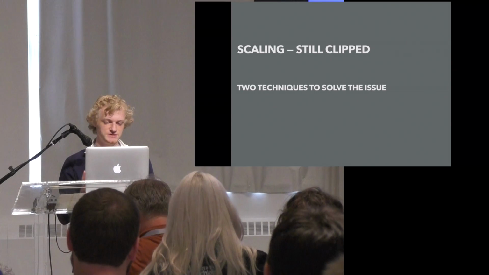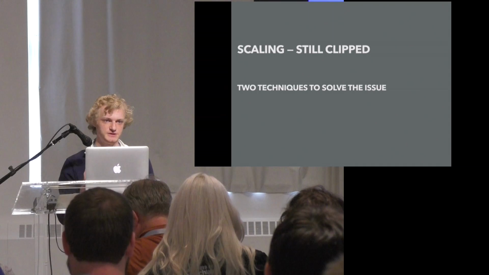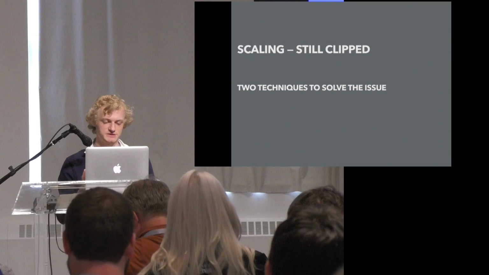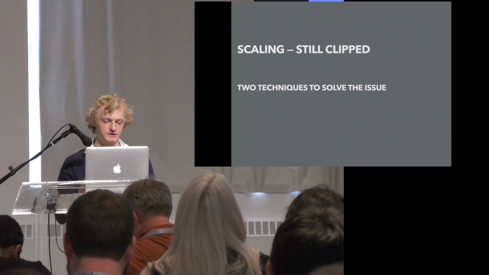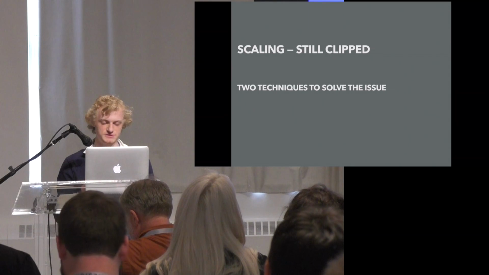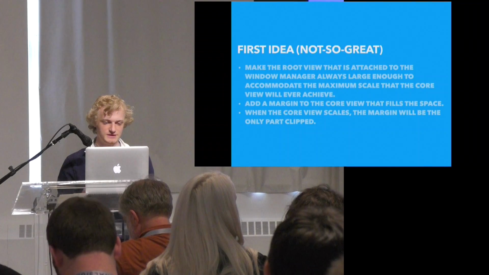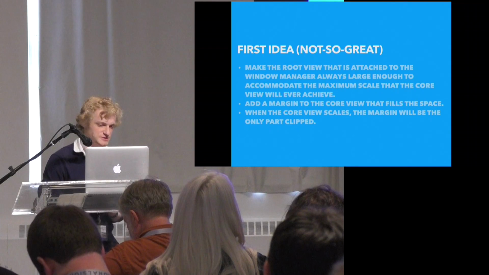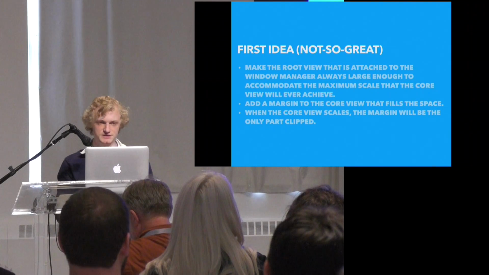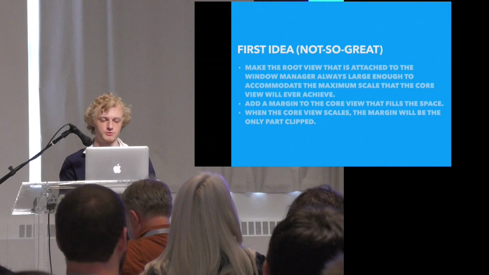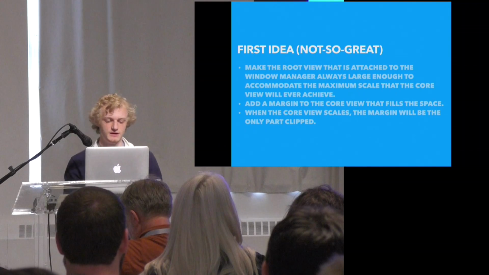I'm going to suggest two techniques, and the first one I'm going to go into, but then I'm going to talk about what some of the issues are, despite it being probably the most intuitive and still maybe useful for some use cases. The first idea is just to make the root view as large as you would possibly scale your actual core view that you want to scale.